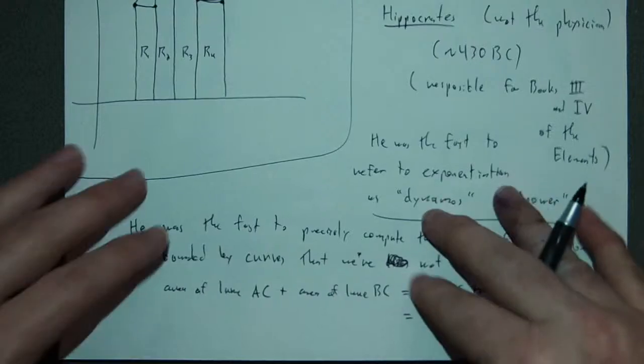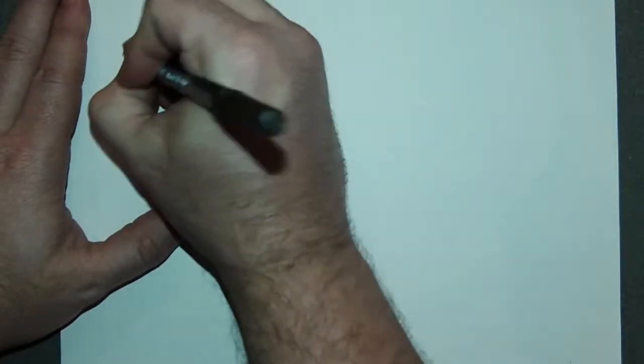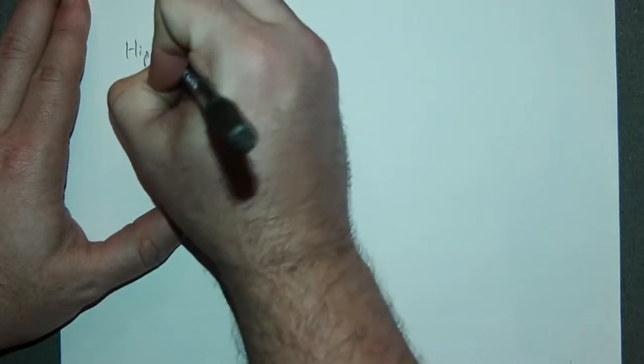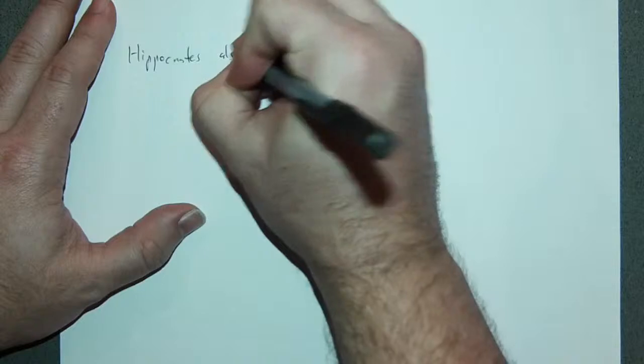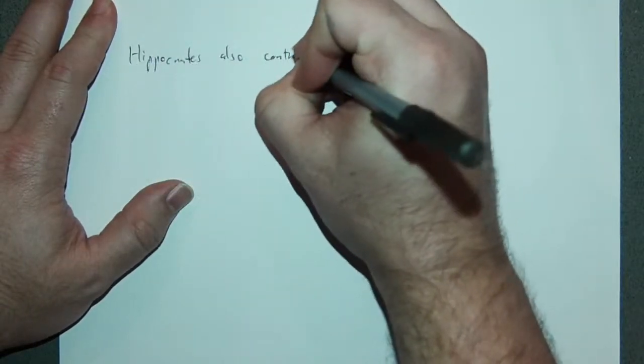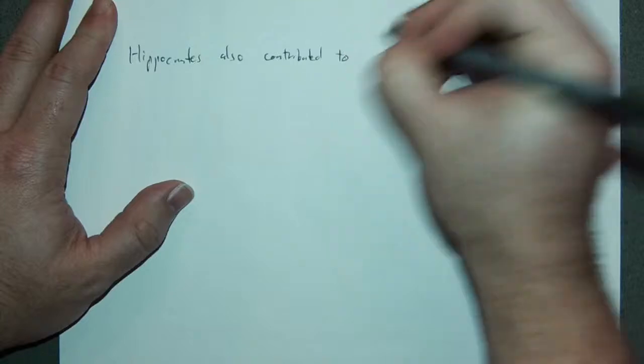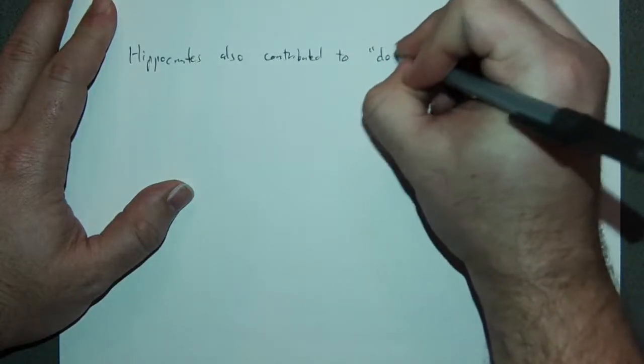So the other big contribution Hippocrates is known for is his doubling of the cube. He also contributed to doubling the cube.